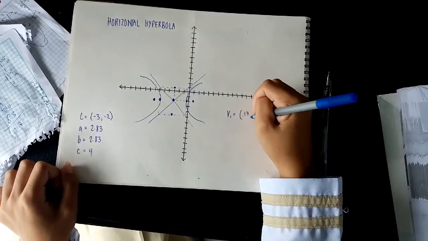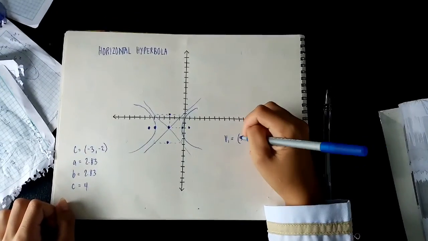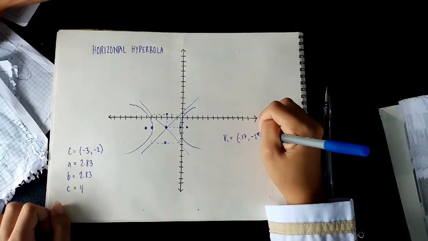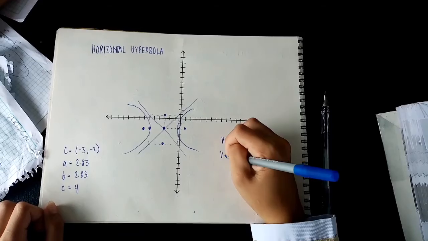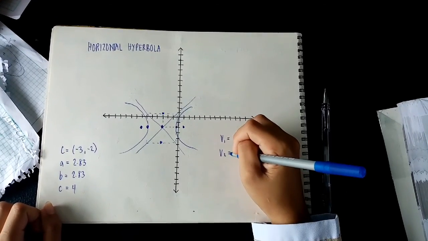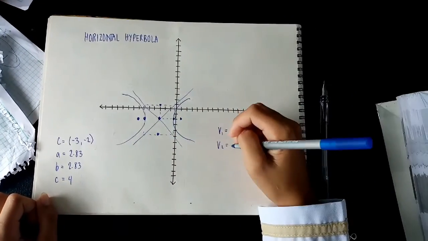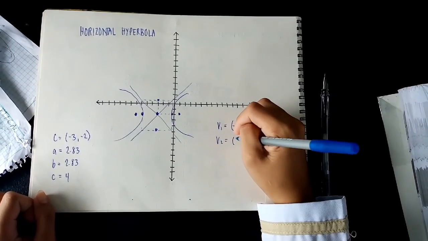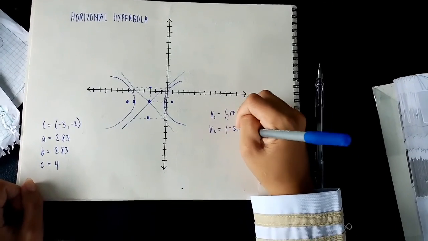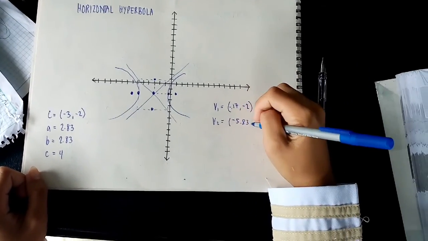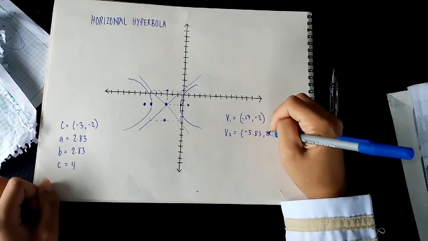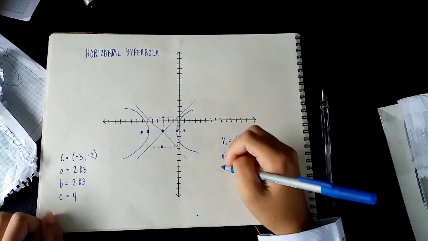Next, let's write v1 equals negative 17, 2, and v2 equals negative 5.83 and negative 2.